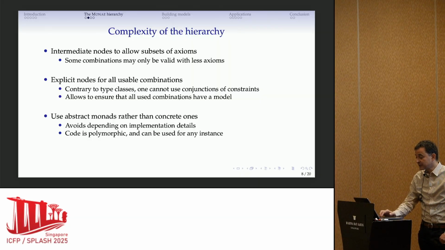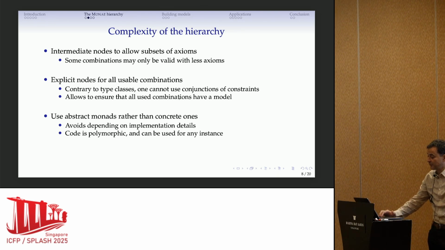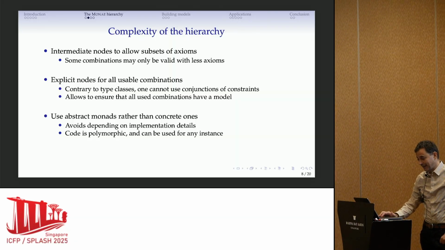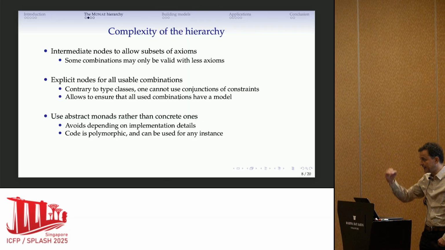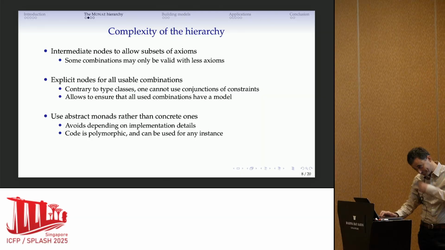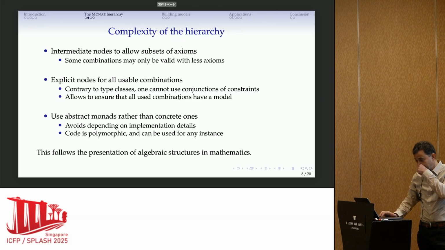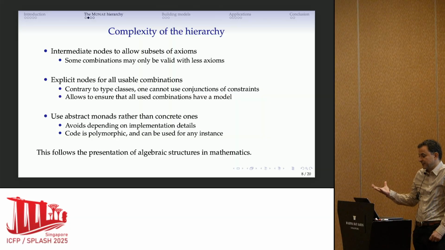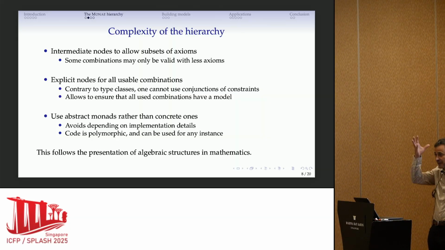And in our experience, this also means that the code is polymorphic. And if you have that many interfaces, it becomes important because you want to use it at any lower instance also. Another remark on all this approach, all these hierarchies, is that it closely follows the presentation of algebraic structures in mathematics, which is a pretty natural thing to do.